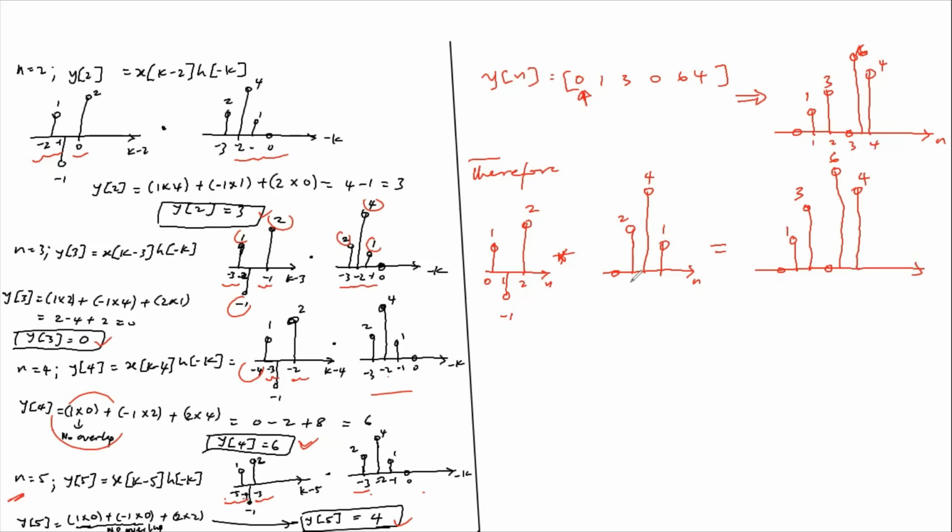Okay, so this is 0, 1, 2, 3, 0, 1, 2, 3, 4, 5. So the convolution of these discrete signals will generate this output following the steps. So hence, S of n convolve with H of n will give us Y.